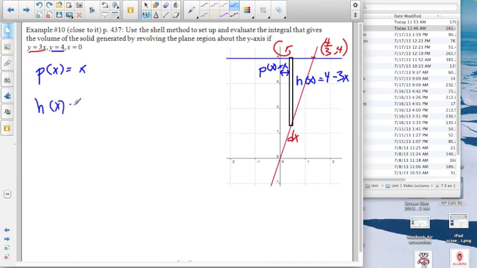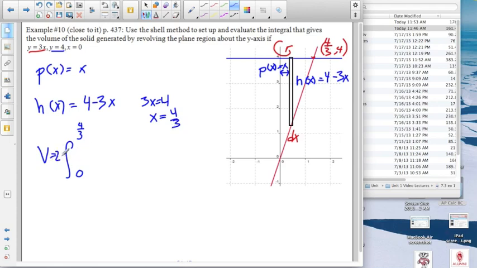Okay, so knowing that h of x is 4 minus 3x, we can go ahead and set up the expression for the volume here. We're integrating from 0 to 4/3. We do need that upper bound there, and that we get by setting 3x equal to 4, setting the two functions equal to each other. So x equals 4/3.